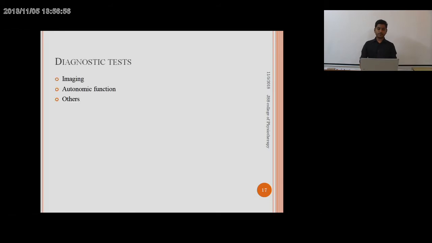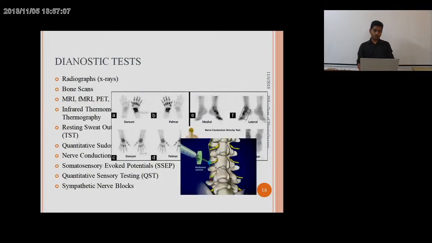When it comes to diagnostic tests, there are three aspects. One is imaging techniques, another is autonomic function, and the third is others. When it comes to imaging techniques, radiographs are used in people with CRPS, and radiographs will show severe osteopenia.